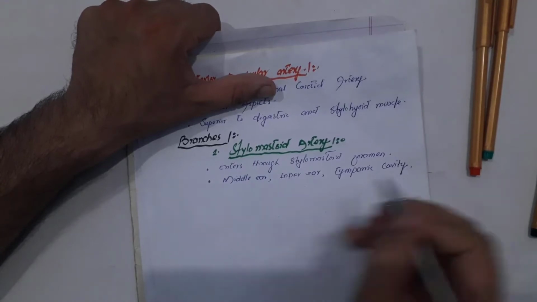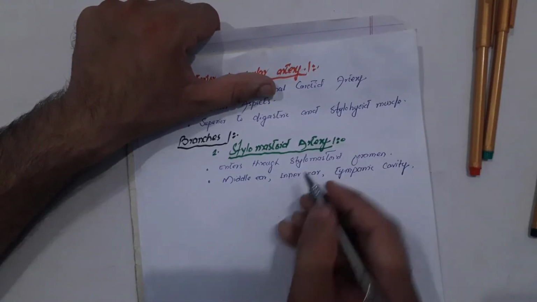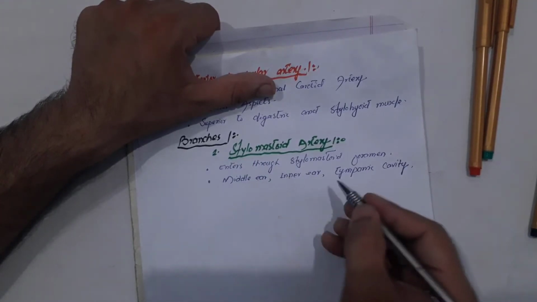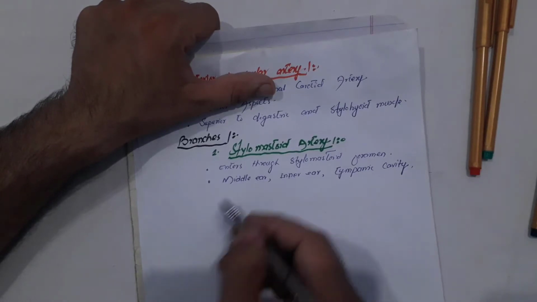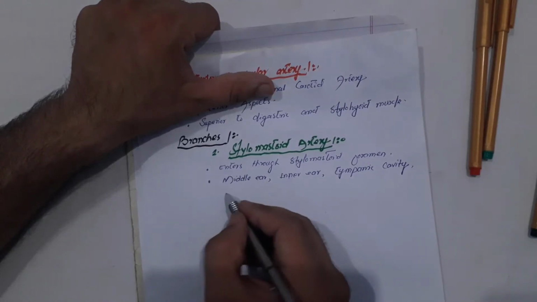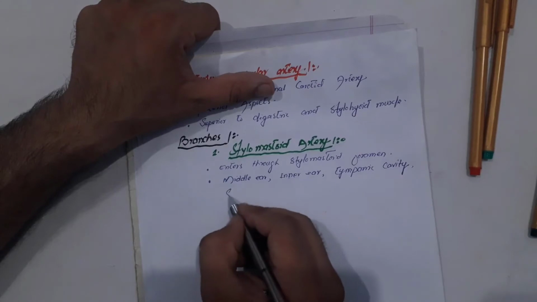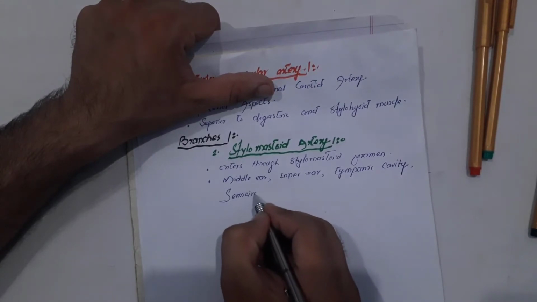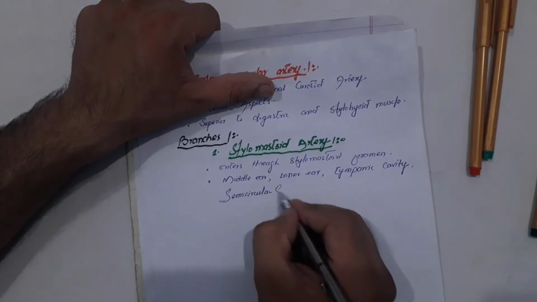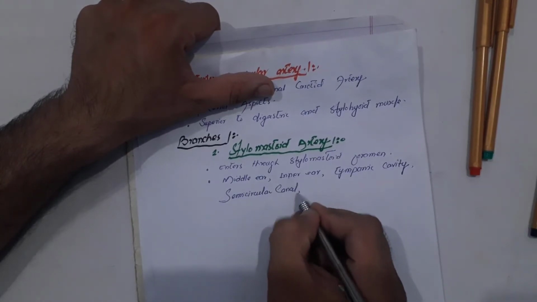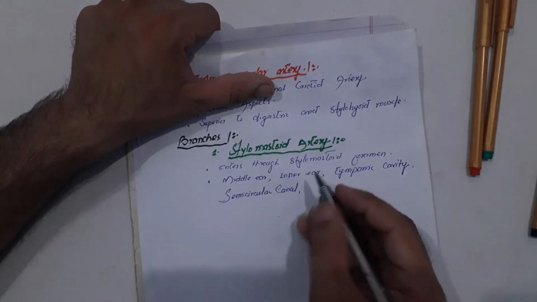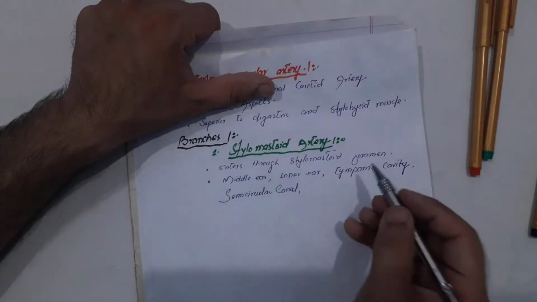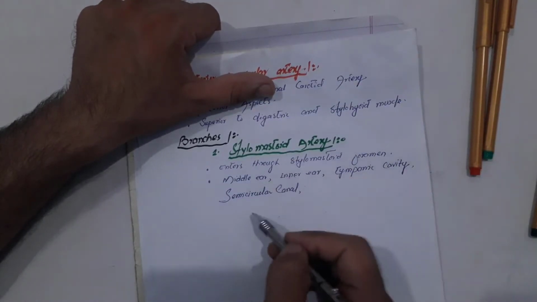Clear, friends? Furthermore, it is also responsible for supplying blood to the semicircular canals of the inner ear, and moving forward, the part of the facial nerve which is present in the middle ear.